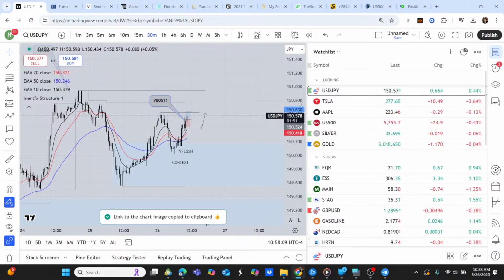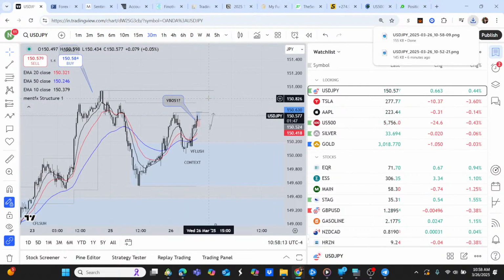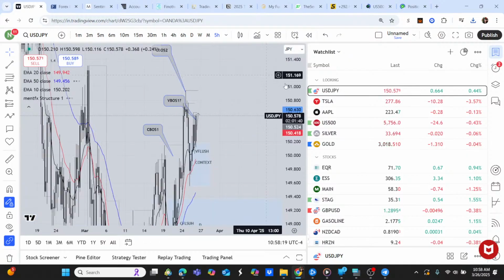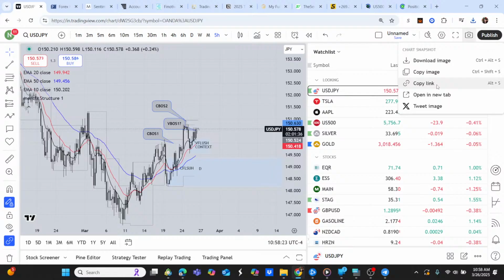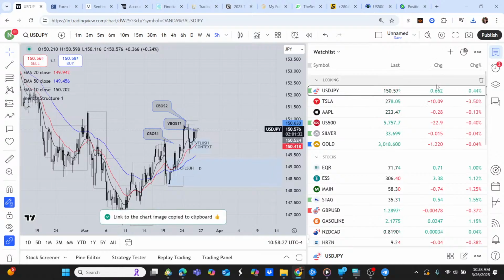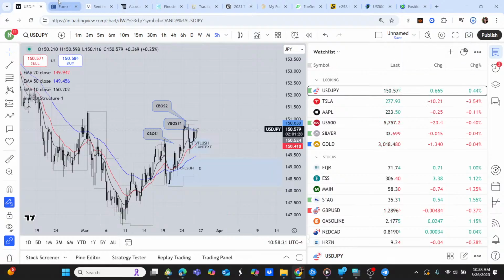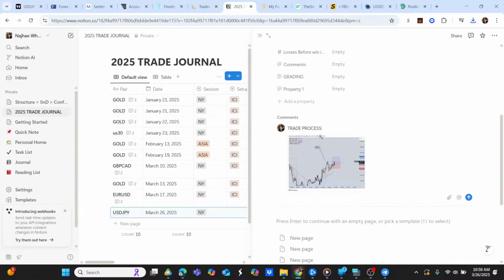I only took a picture of the entry. You're not gonna have a good idea on what's going on, the bigger picture, if you don't take a shot of the main time frames. There we go. Just like that.